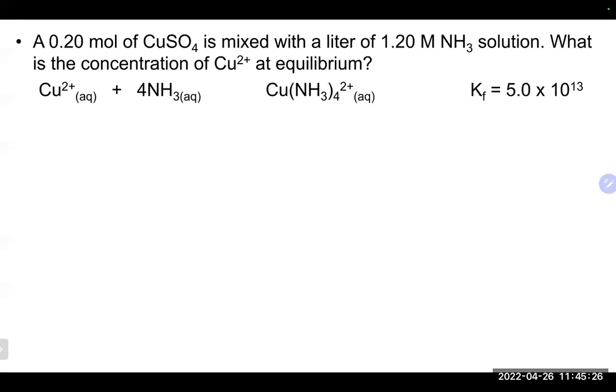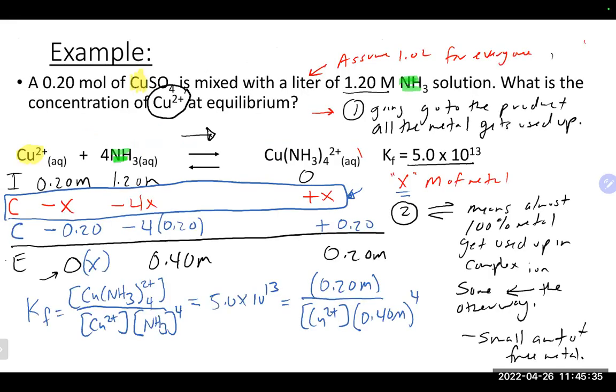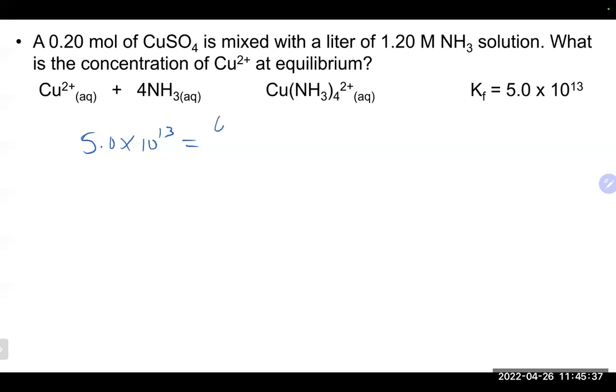There we go. So basically we have 5.0 times 10 to the 13 equals our 0.2 divided by the copper 2 and our 0.4 to the 4th. We're going to solve it, and when you do solve it, basically these two guys switch places.